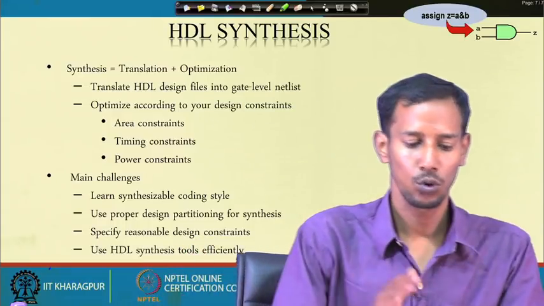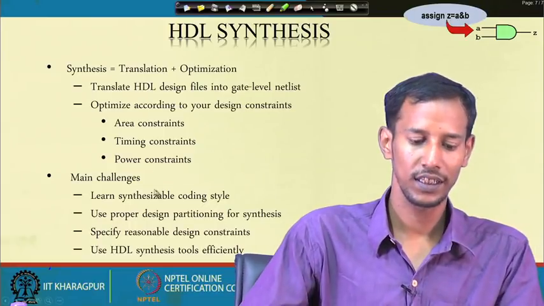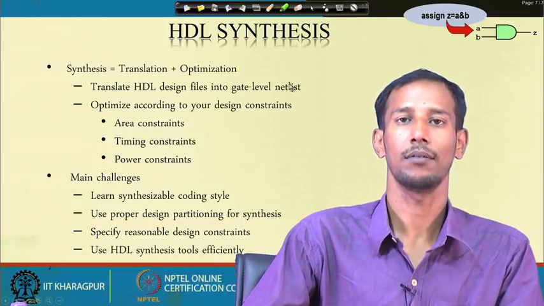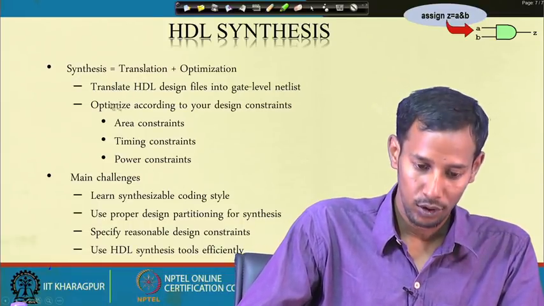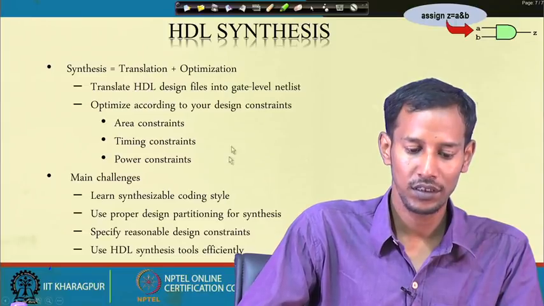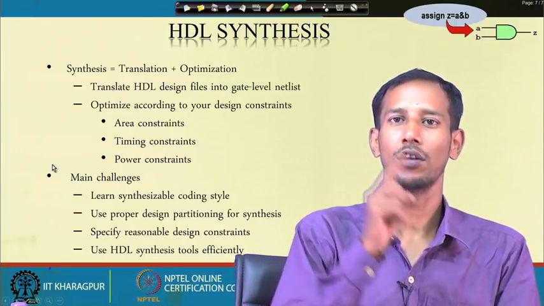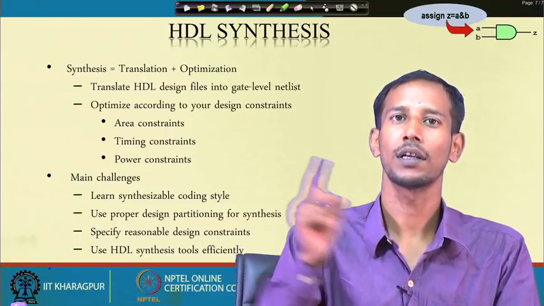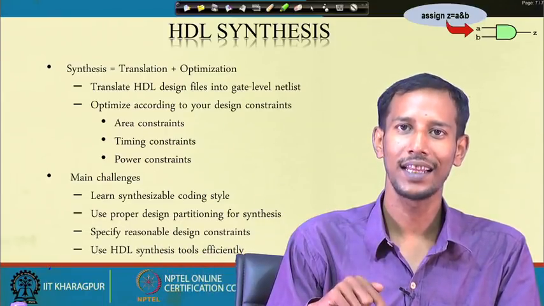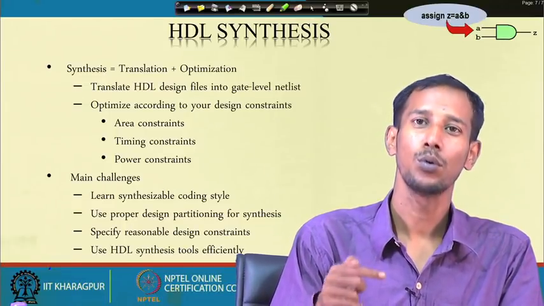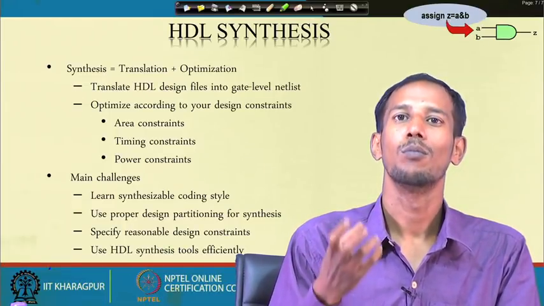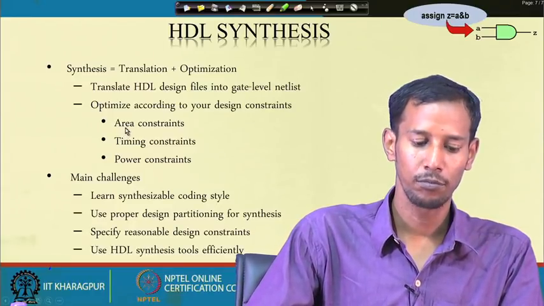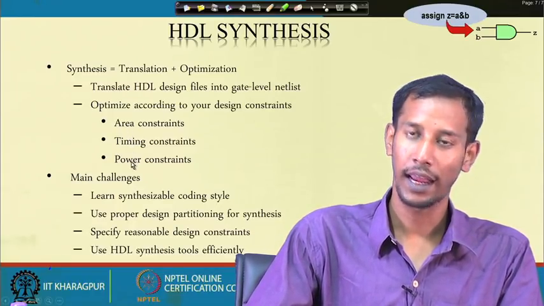That is, translate the HDL design files into the gate level netlist. Whenever I am converting from the logical expression to the gate level expression, I can achieve more optimization to get better performance in terms of area, timing and power.